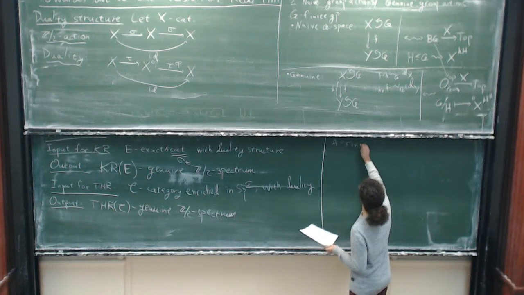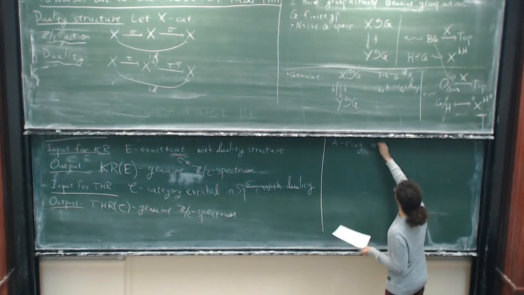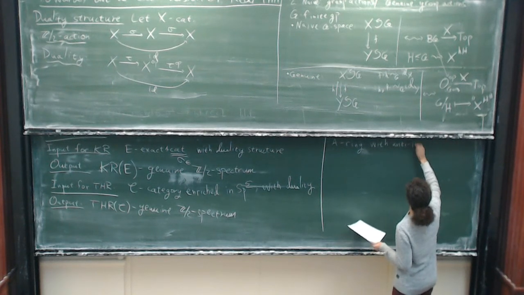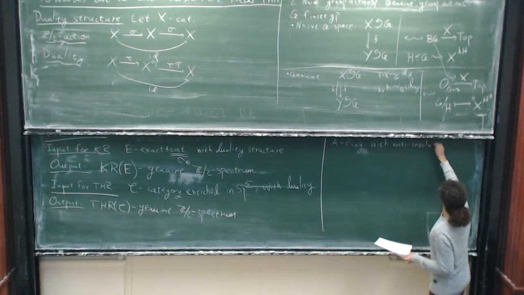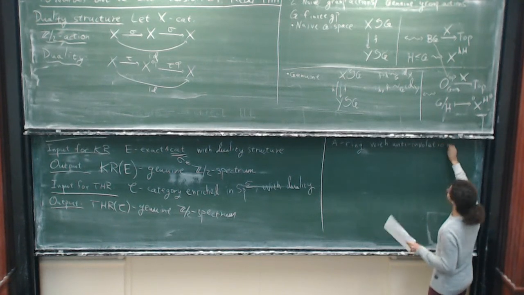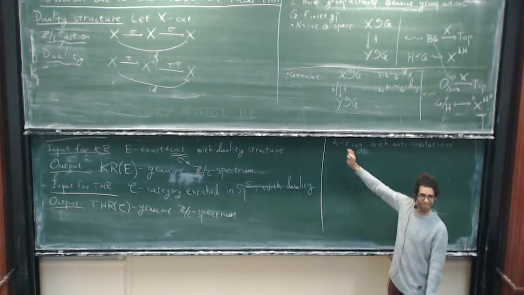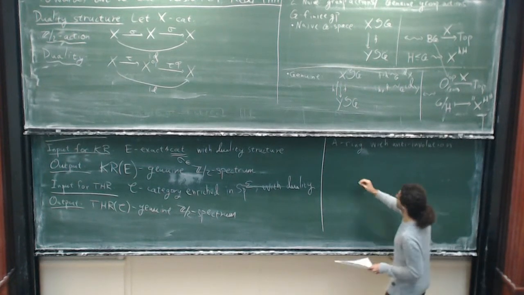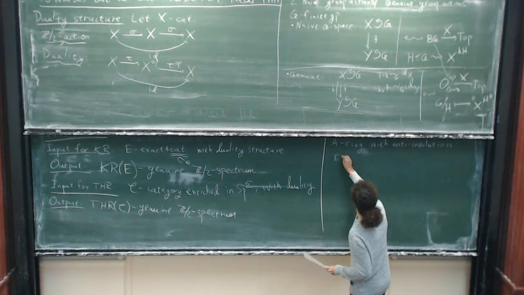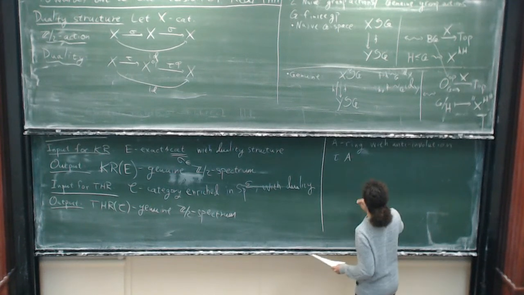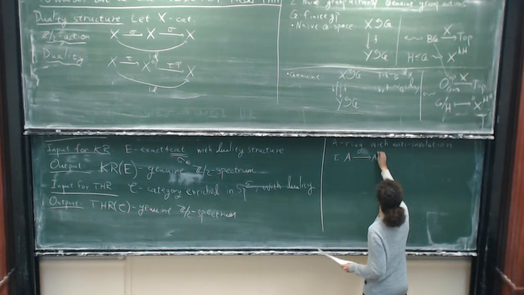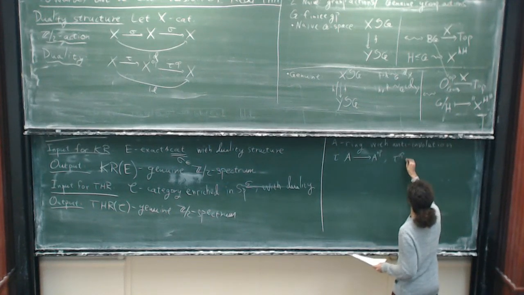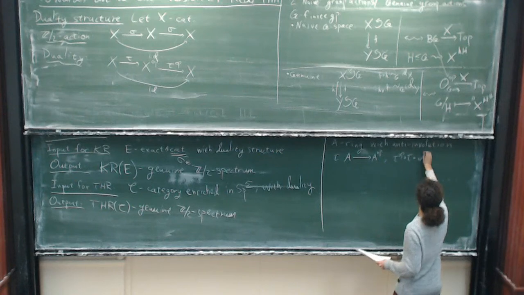Let's take a ring with anti-involution, just a plain old ring, algebraic, nothing special. And so what is this anti-involution? It's a ring homomorphism, let's call it tau, from A to A^op, like a duality structure, such that tau^op composed with tau is the identity.